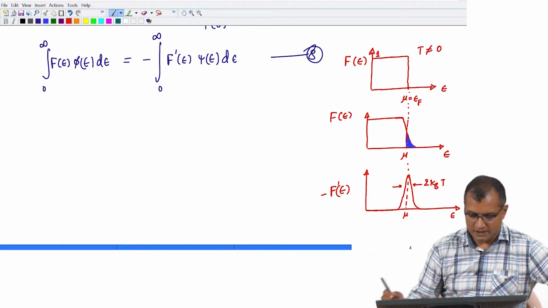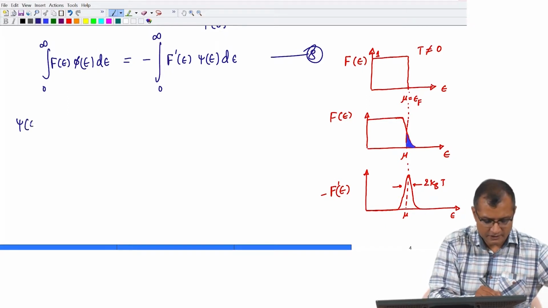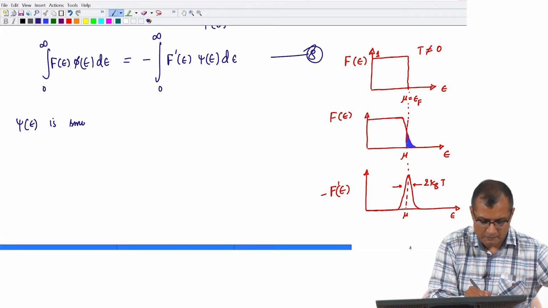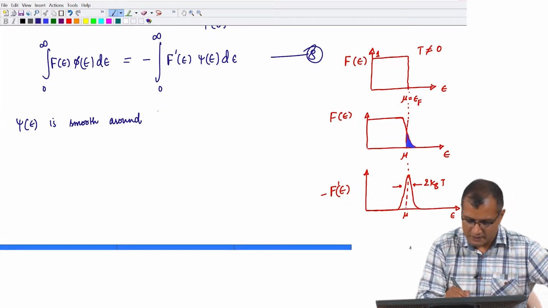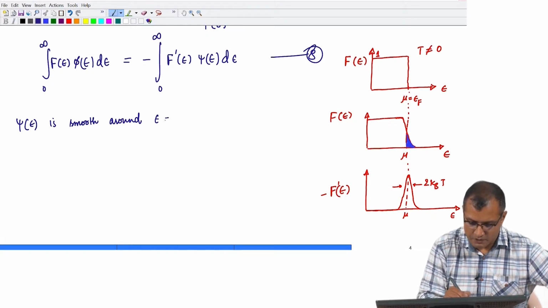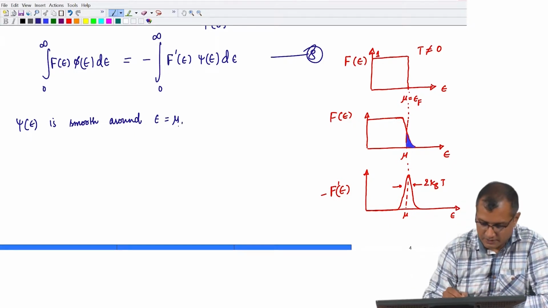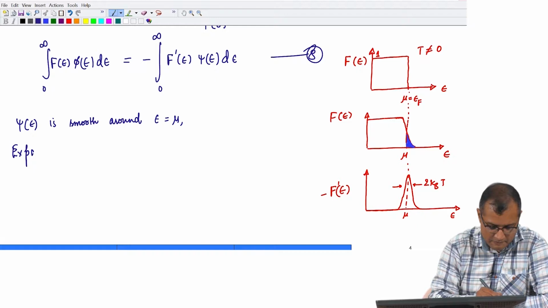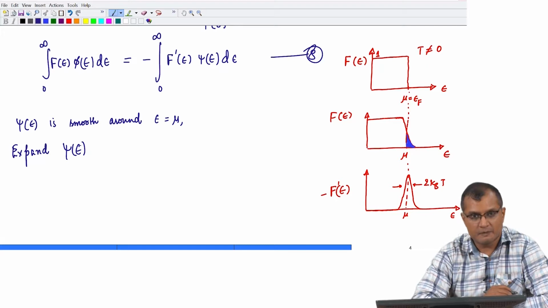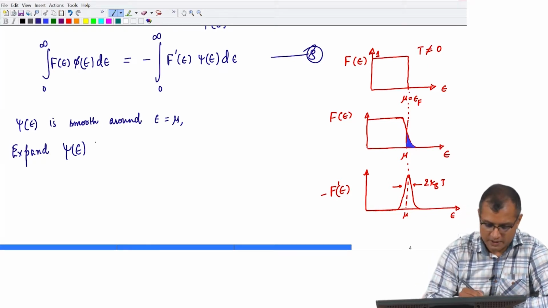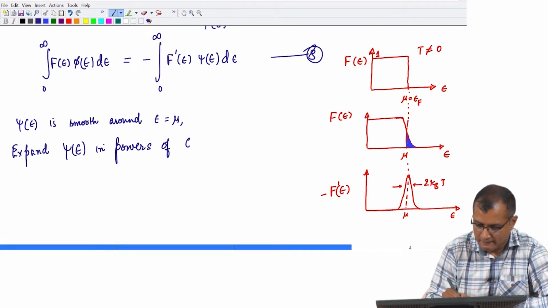Now, using this fact and the fact that the function psi of E is smooth around my energy E equals mu, I can expand psi of E in powers of the displacement around mu. So, I can expand it in powers of E minus mu.